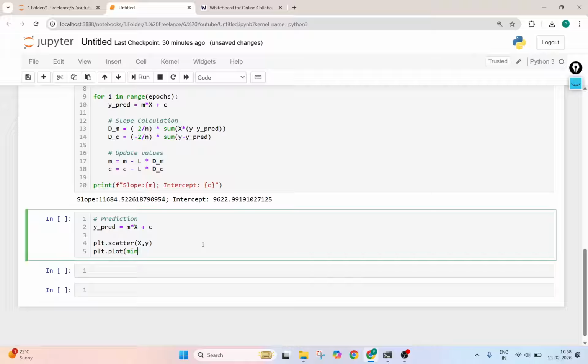Let's just see what happens if I simply say x comma y pred. I'm expecting not a correct result. Let's give the color. Okay. Let's just see what happens.